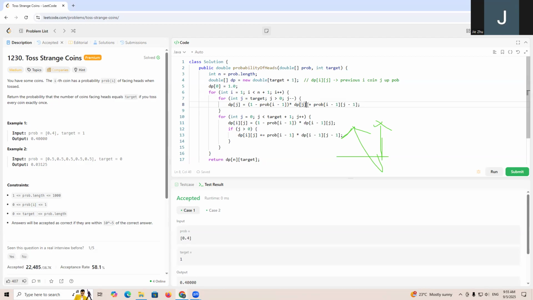But the thing is that this one will also need to change.